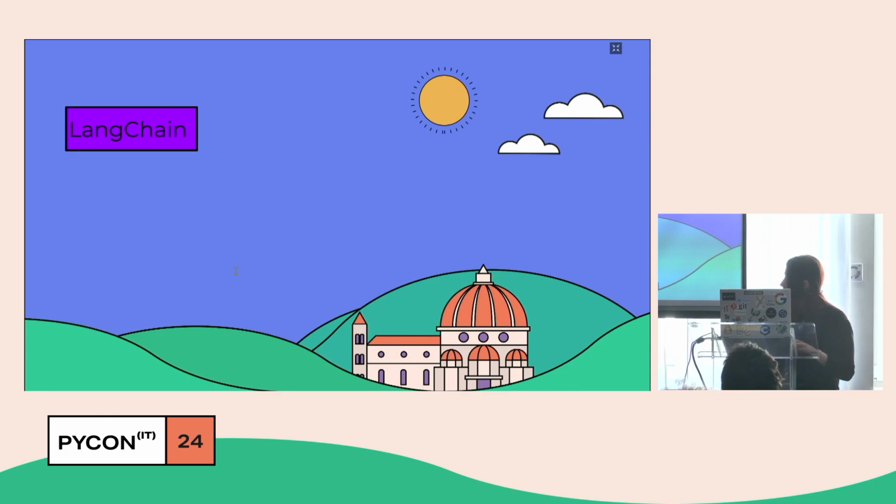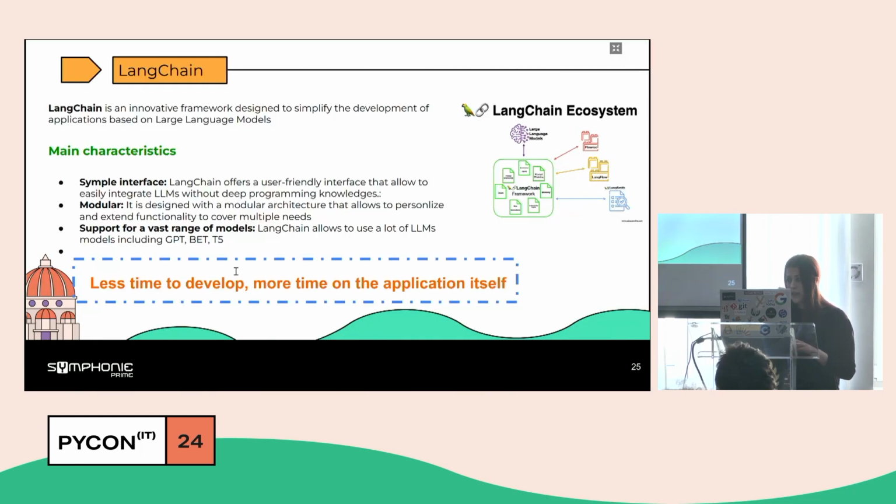So the last topic that I want to discuss is LangChain. LangChain is a very powerful framework designed to simplify the development of applications that are based on large language models. The powerful thing about LangChain is that it has a very simple interface.